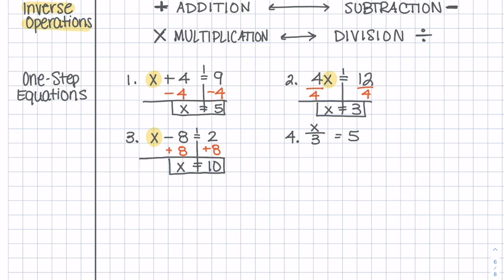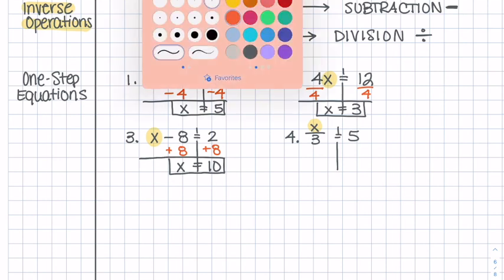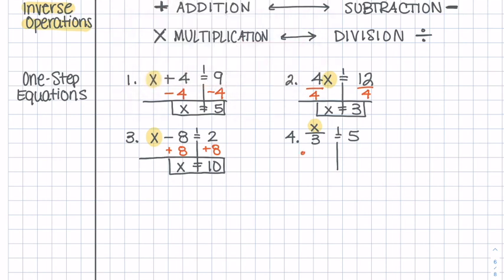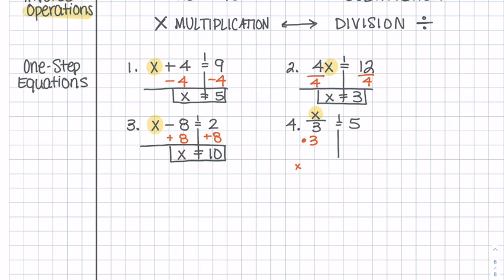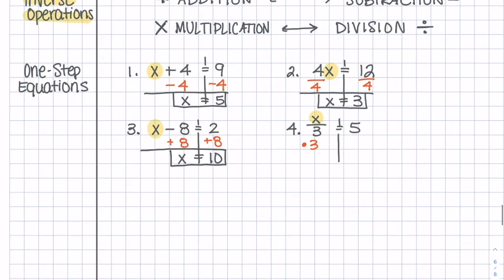For number 4, x over 3 is the same as saying x divided by 3. So x is here. I need to draw my line. I always want you guys to draw this line. x is not alone because it's being divided by 3. So in order to get rid of the 3, I need to multiply by 3. And that dot means multiplication. I'm not going to draw a little x multiplication sign because then we'll get confused if I'm talking about a variable or a multiplication sign.